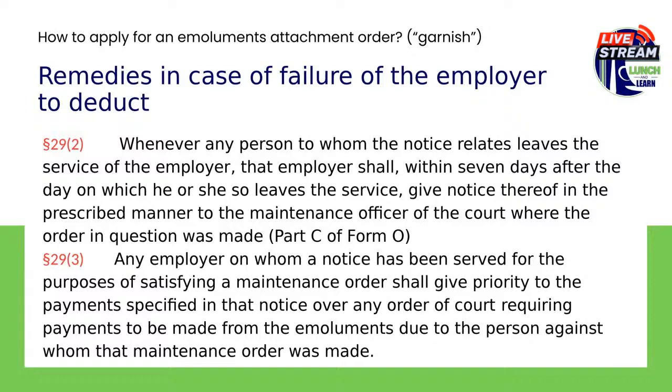I'm making specific reference to Section 29(2) of the Act. You would have the situation where a person is working, so the garnishee order gets served on the employer, and everything is fine up until the stage that the respondent leaves the employment of the employer. And then the garnishee order just hangs in the air and no one does anything about that.